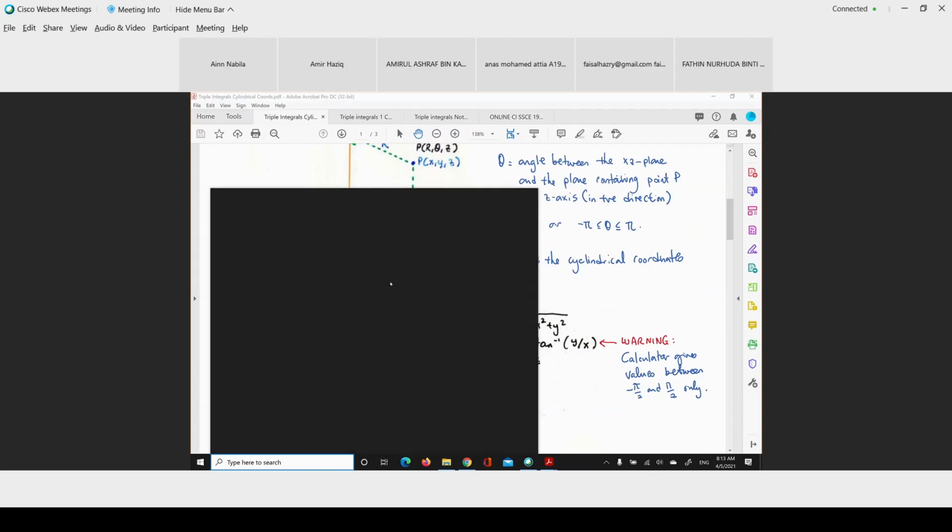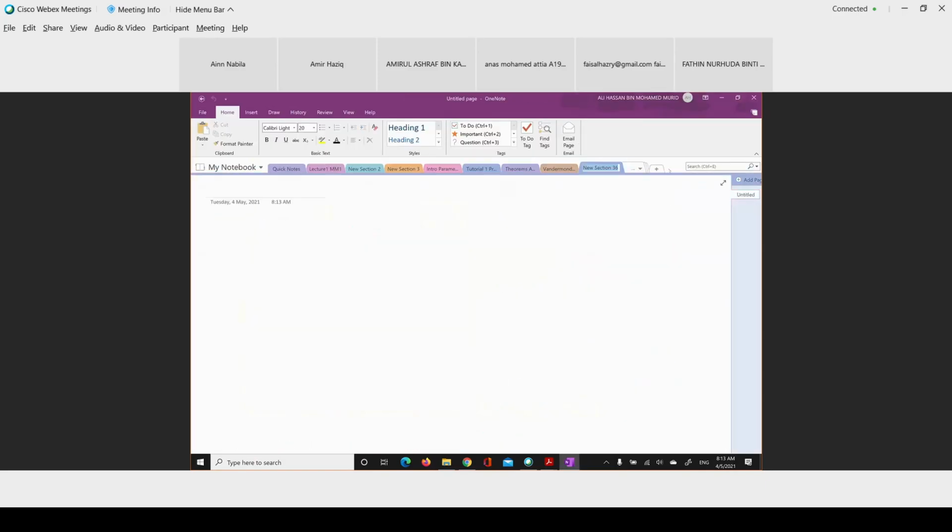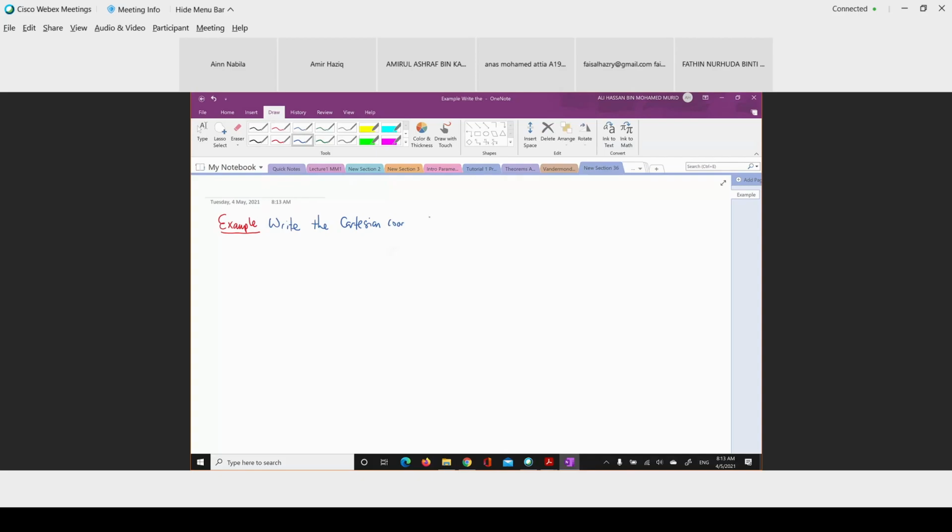Example: write the Cartesian coordinate x, y, z equal to 2, 2 square root 3, 7 in terms of cylindrical coordinates.